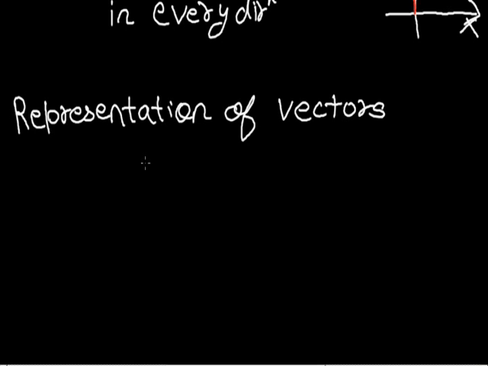We use bold faces in order to represent vectors. Okay. Now if I have to represent a vector, then this is the normal way. And if I have to represent a vector, then how do I represent it? In bold. Okay.